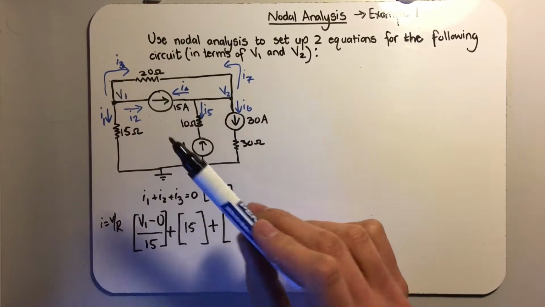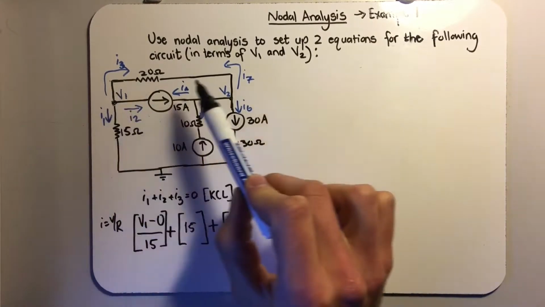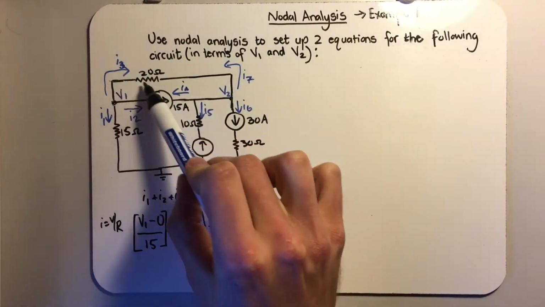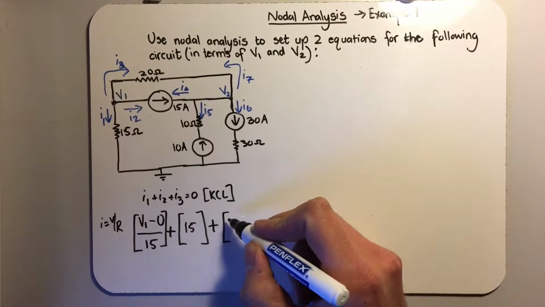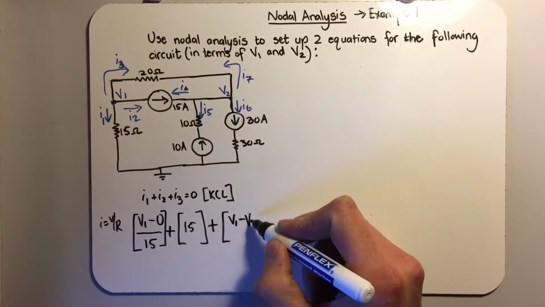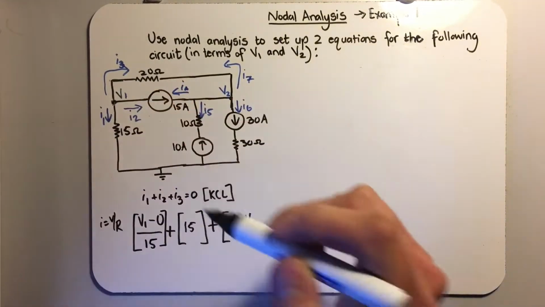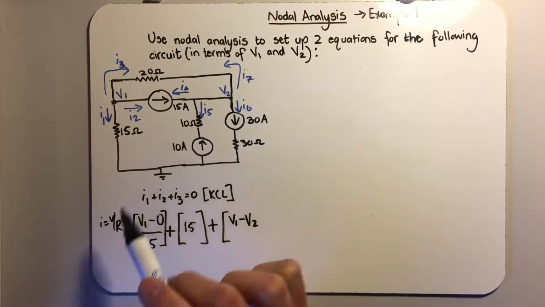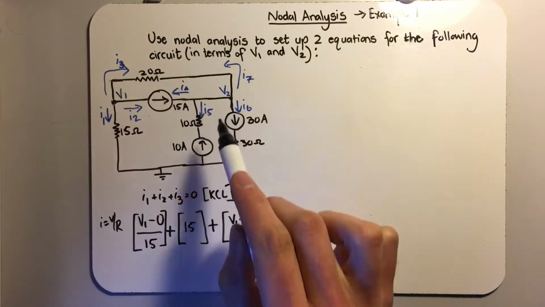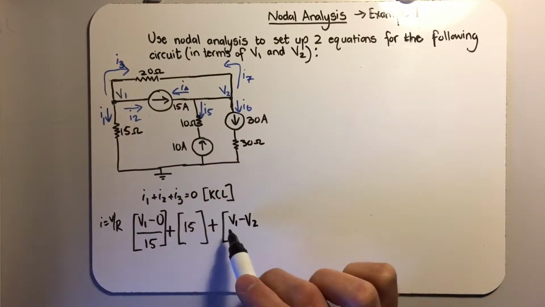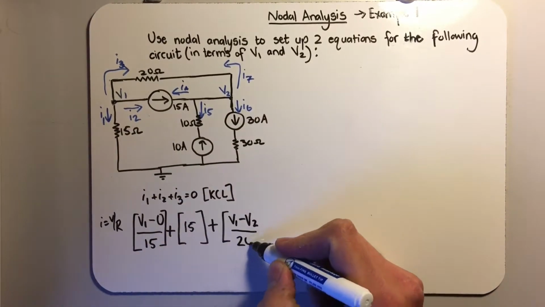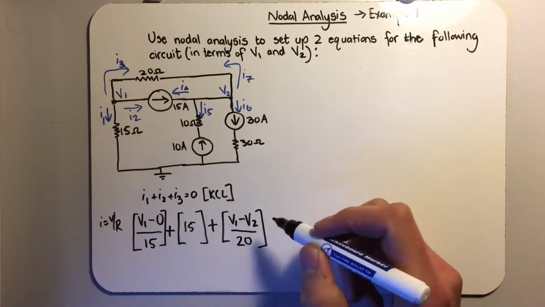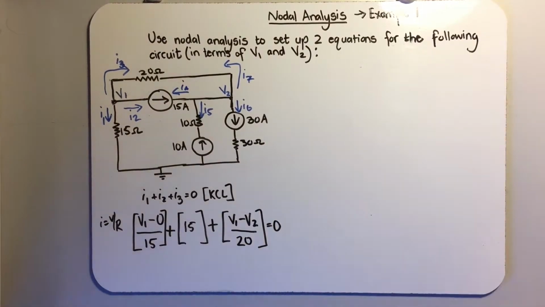So this voltage minus this voltage is going to give us the voltage over this resistor, like we saw earlier. So V1 minus V2 is the voltage over that resistor, and V over R is the current I3 through that resistor. So it's V1 minus V2 over the resistance, which is 20 in this case. And all of that is equal to 0 from KCL.